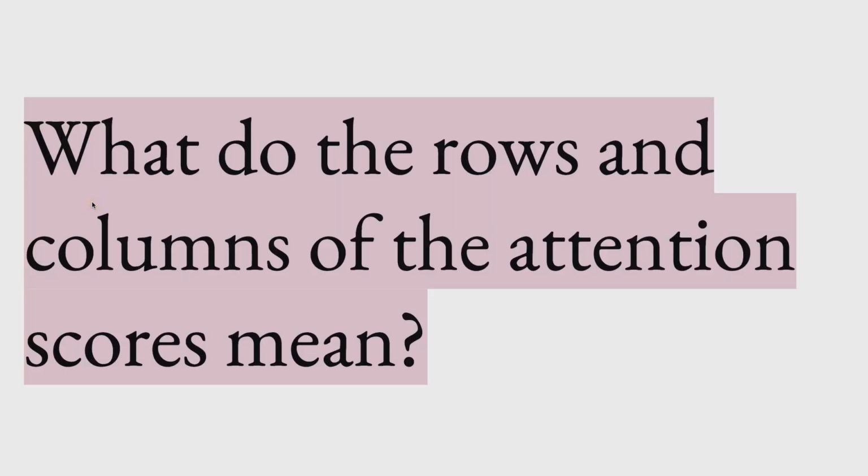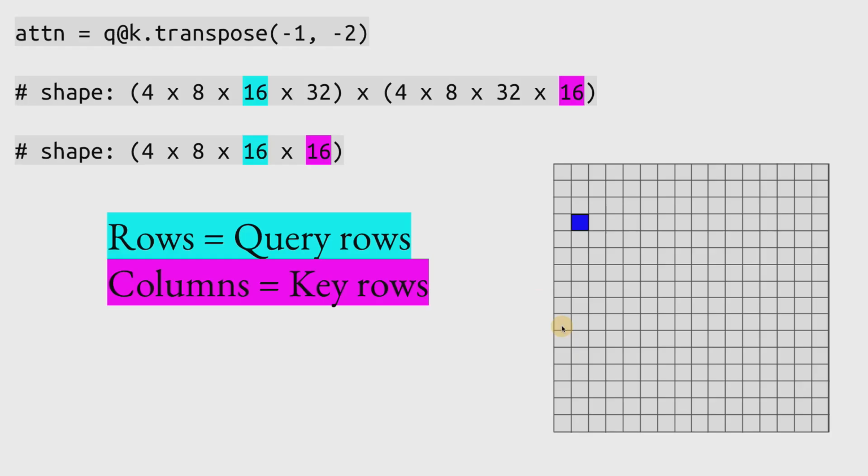So now we go back to this question: what do the rows and columns of the attention scores mean? Well, let's look at how we built up the attention score matrix. We started with Q as the first matrix, and then we had K transposed as the second matrix.